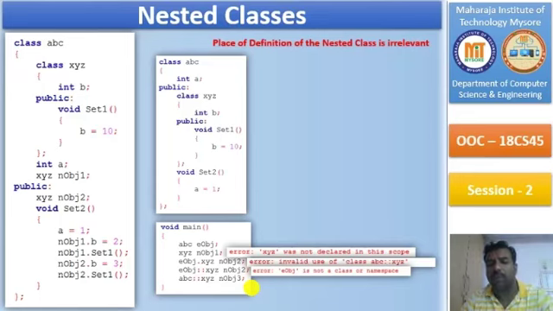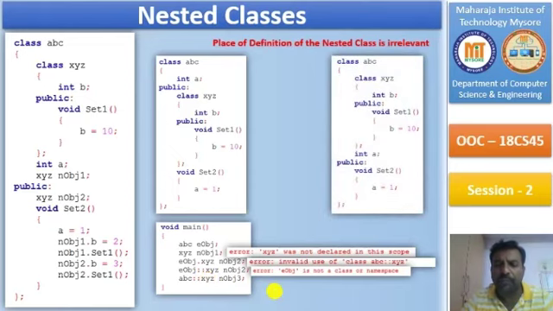Now this should solve the problem because being in the scope of ABC, I am creating the object for XYZ. This is going to work fine. Right now I have created the NOBJ3 object for XYZ, but can it access the members? We'll see it later. But right now it's going to work fine.